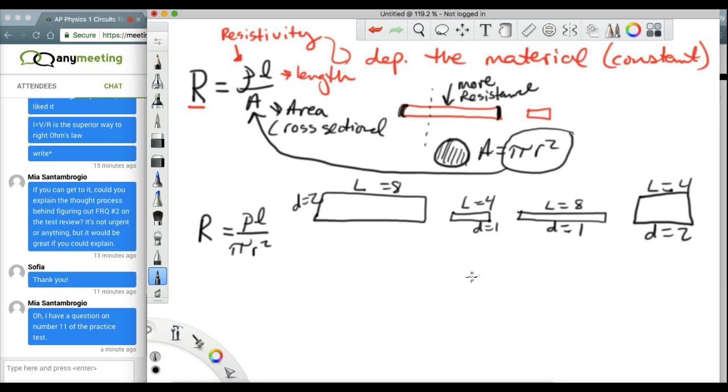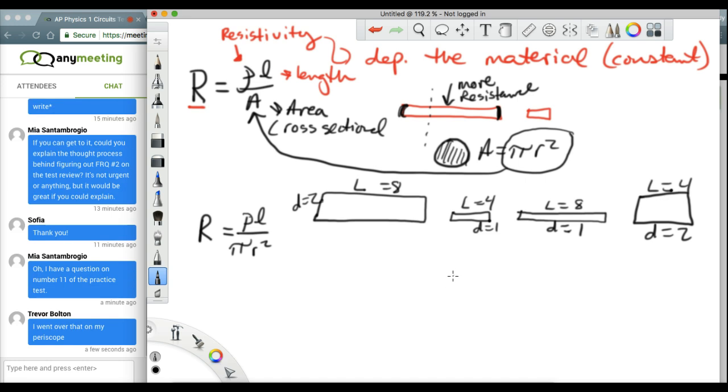So, which one is going to be the least resistive? Which one is going to be the most resistive? Least resistive: the shorter and the fatter, the wider it is, the less resistant it is. So here are my two short ones, here and here.